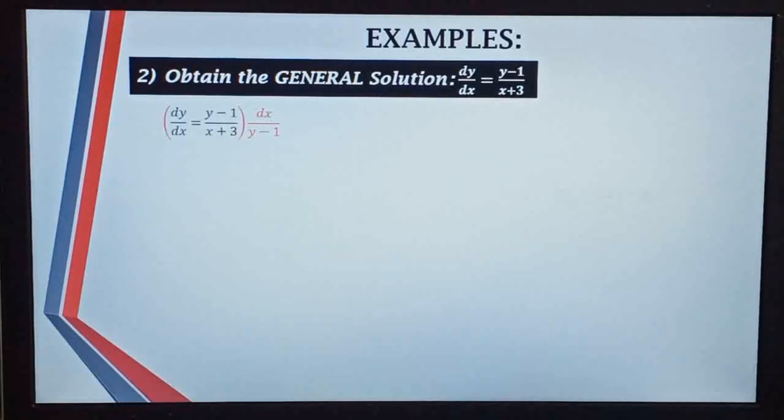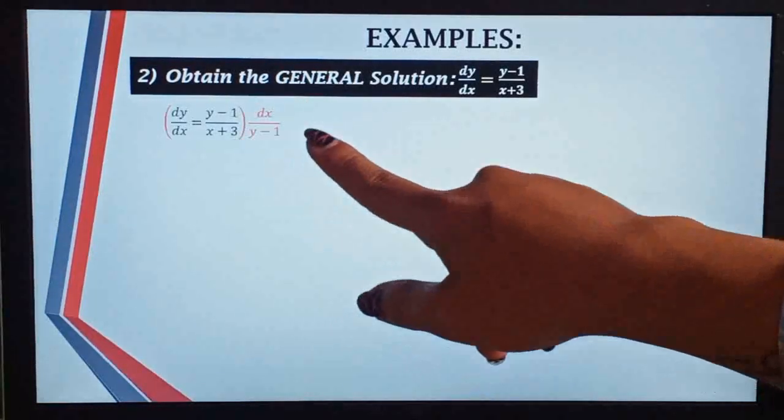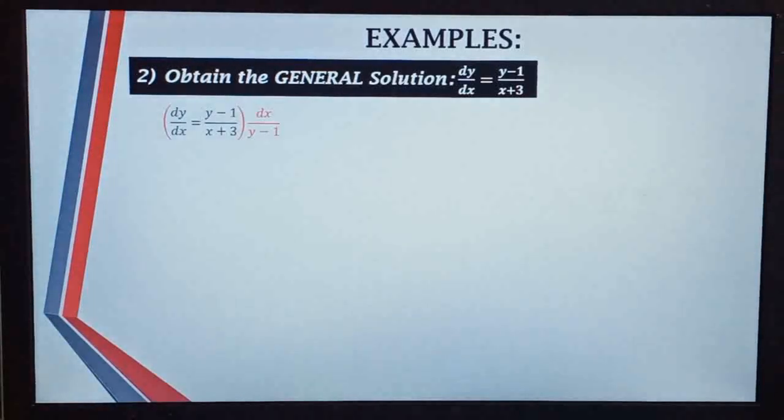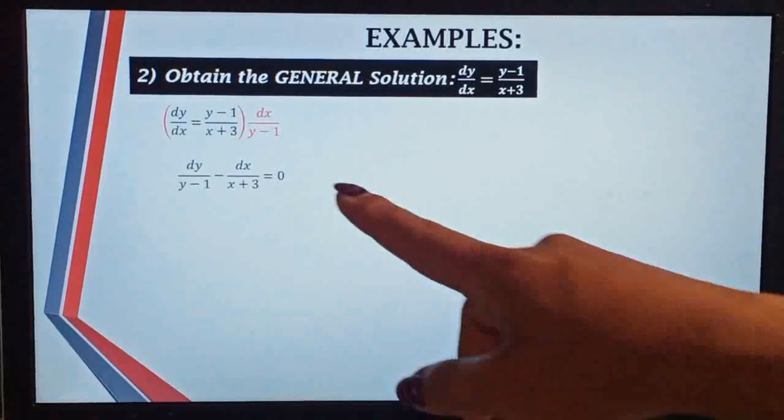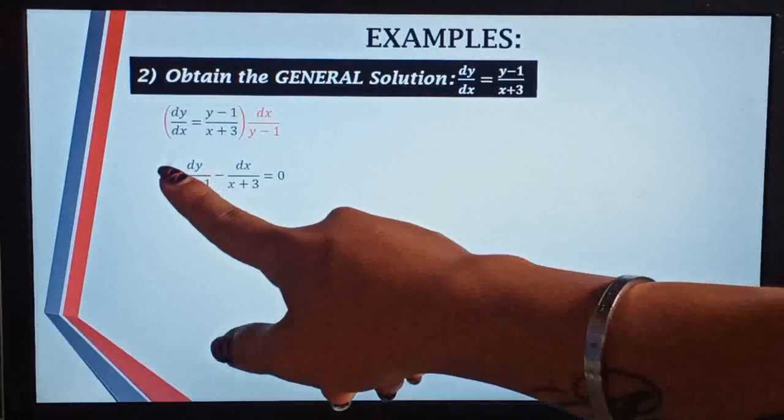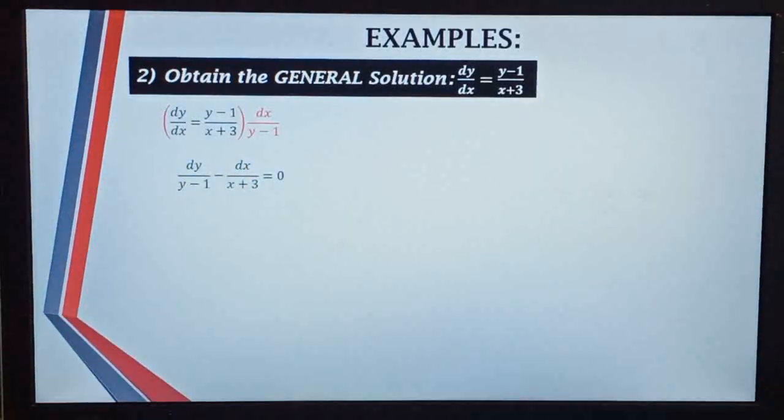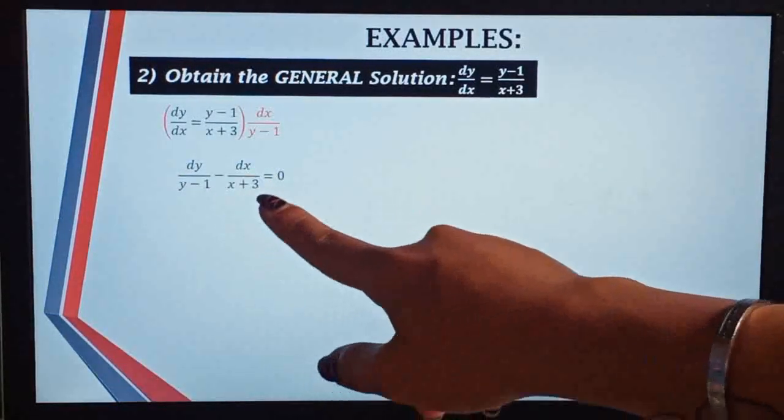To do that, we have to multiply the whole equation by dx over y minus 1. In that case, when we distribute the dx over y minus 1, we will have an equation of dy over y minus 1, then also dx over x plus 3.